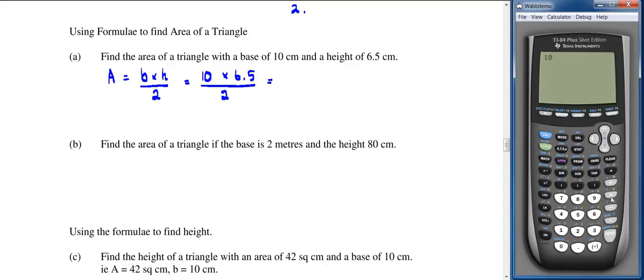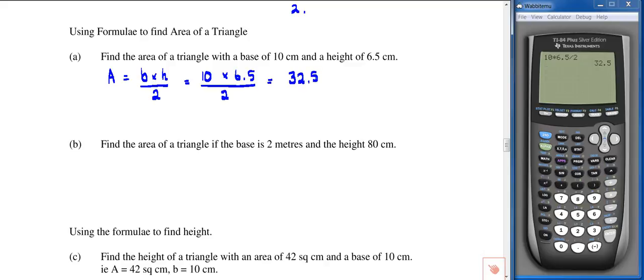10 times 6.5, divided by 2. You can do all of that in one step, and you've got an area of 32.5.